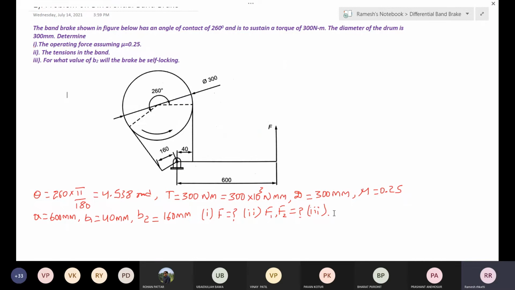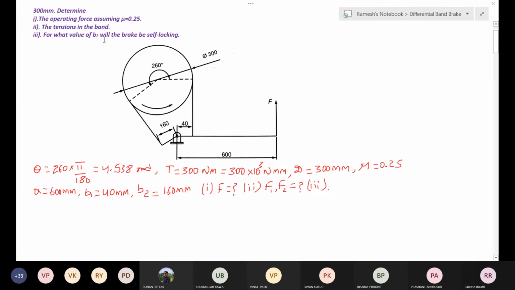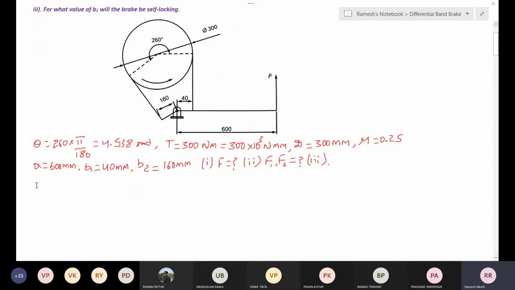You can find out the value for self-locking. This is the B2. You need to calculate it for the self-locking condition. Now we'll find out one by one. First I'll find out the force.